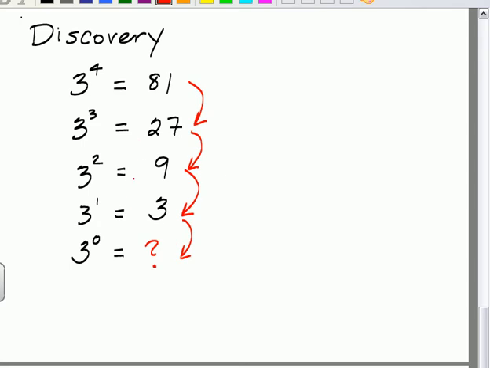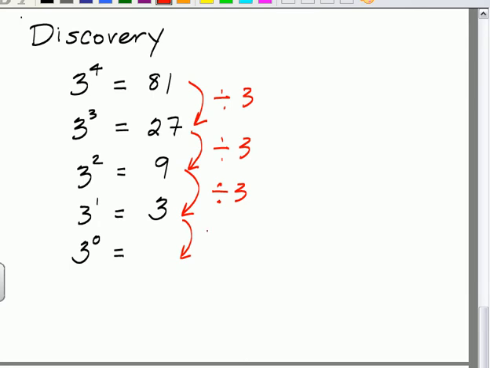Let's start with 9 and 3. How can you get from 9 to 3? Well, you can divide 9 by 3 and you get 3. You can divide 27 by 3 and get 9. And 81 divided by 3 gives us 27. So I'm going, yahoo! I see the pattern. To go down this way, we get the next number in the list by dividing each of the previous ones by 3. I think we're ready.